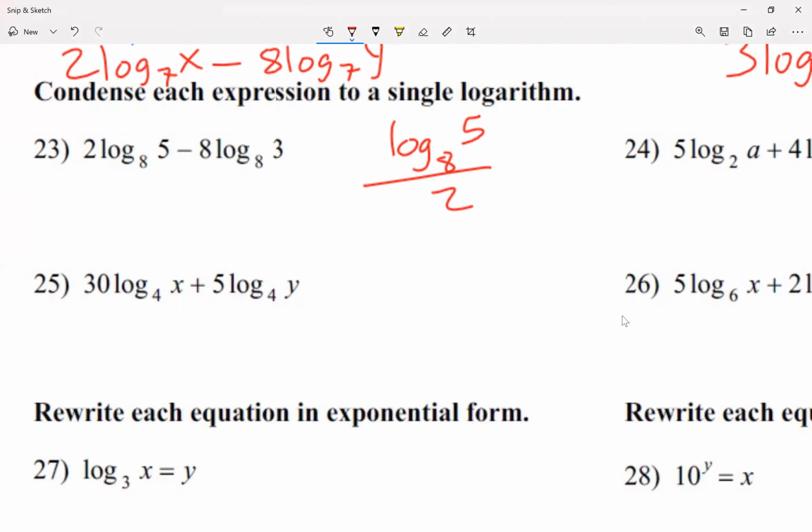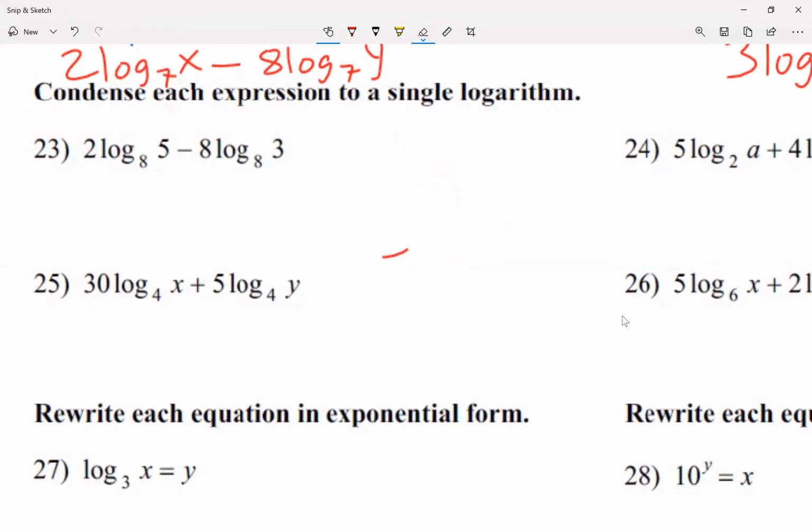So that can be simplified to 1/2 log base 8 of 5. So first of all, if your term is all a fraction, just convert it into a fraction on the front. Not our case here. We don't have fractions, but I'm just saying if you have fractions, make it a simple fraction on the front.